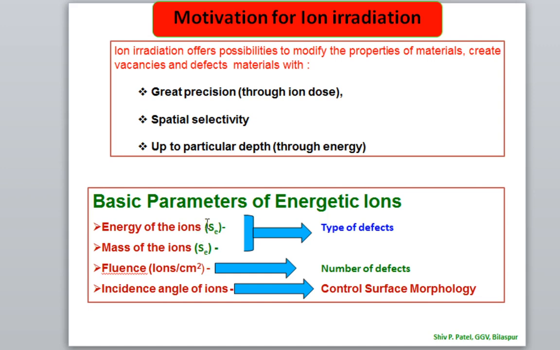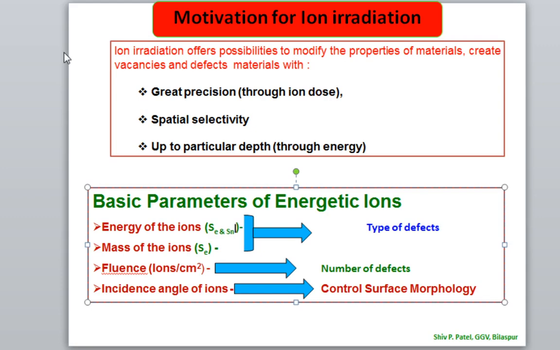And this electronic energy loss Se or nuclear energy loss Sn basically controls the type of defects. Here Se and Sn both should be there, so Sn should also be there.